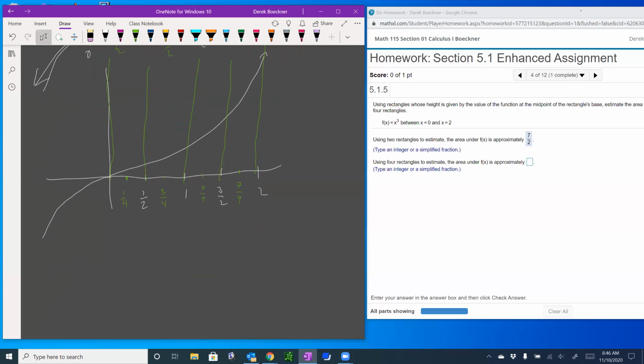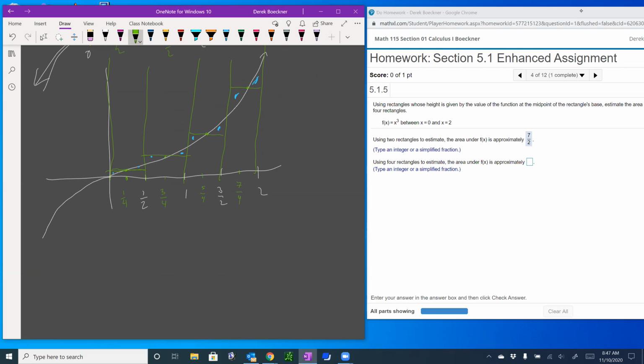And so the area using the midpoints as the heights of my rectangles. Again, overestimation, underestimation, overestimation, underestimation, overestimation, underestimation, overestimation, underestimation. So this will probably be pretty decent because those overestimations and underestimations look about the same size on each of the rectangles.